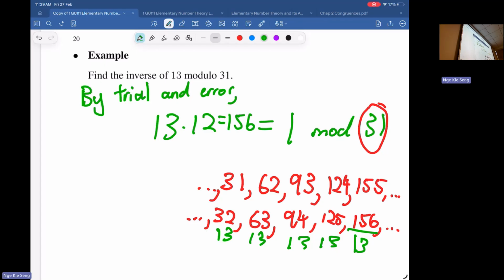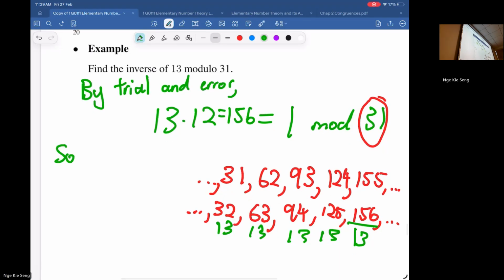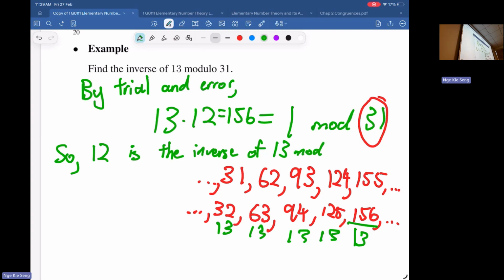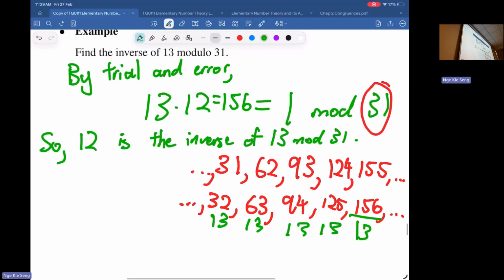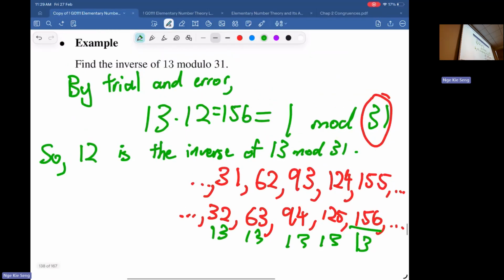It's 12. So 12 is the inverse, actually the only one, of 13 mod 31. Remember, 12 is the inverse of 13 mod 31.